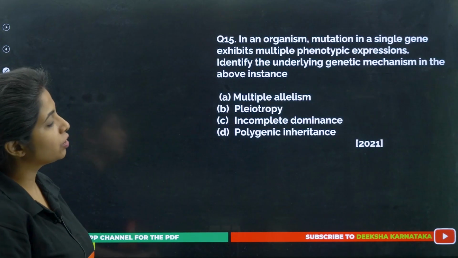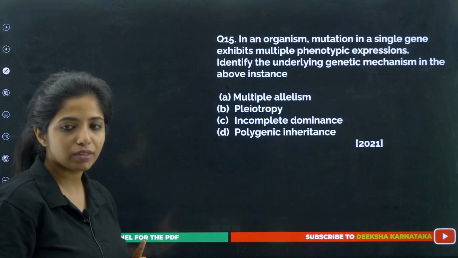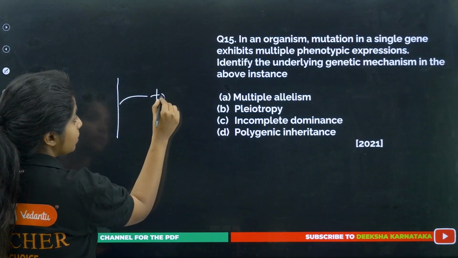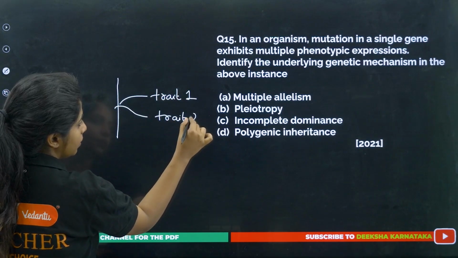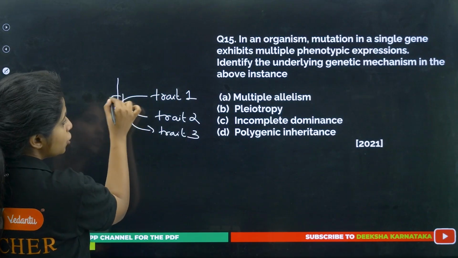Okay, easy question, direct question. In an organism, mutation in a single gene exhibits multiple phenotypic expression. Again, they are talking about the same thing, where I told you one gene is going to control trait 1, trait 2, trait 3. One particular gene is doing all this.